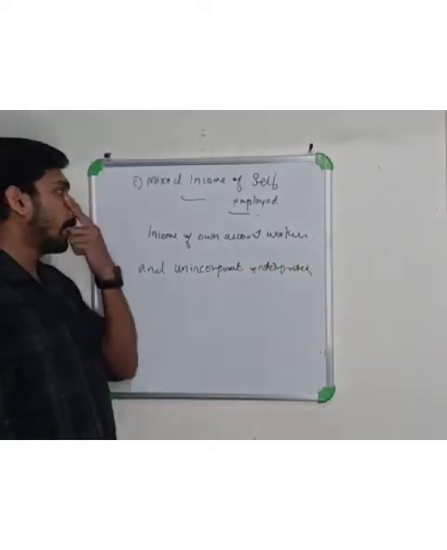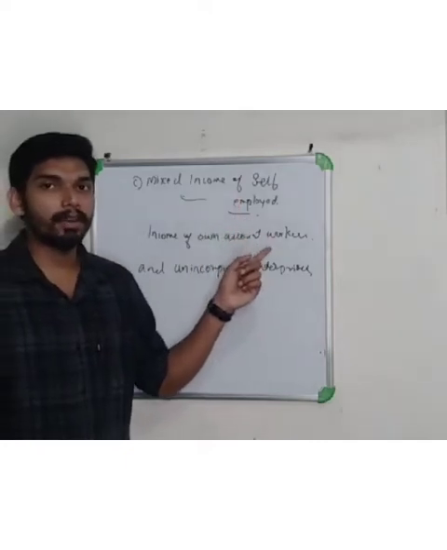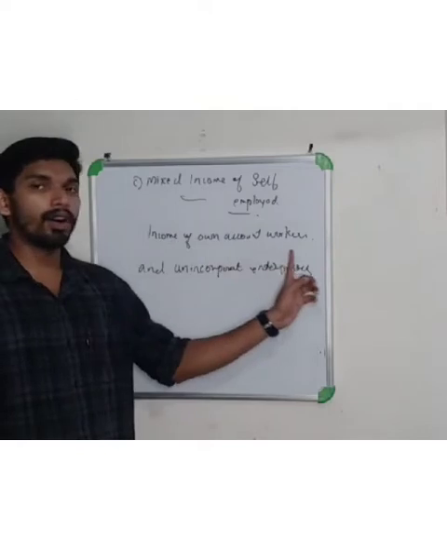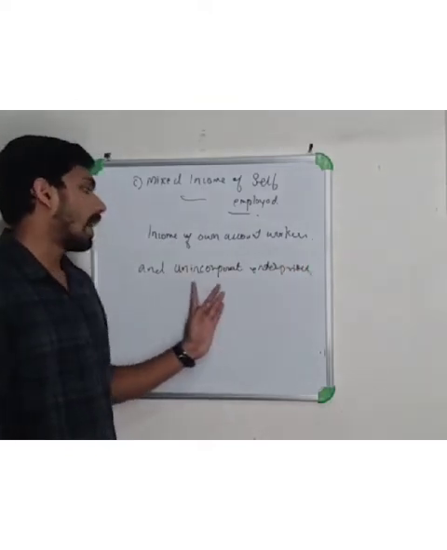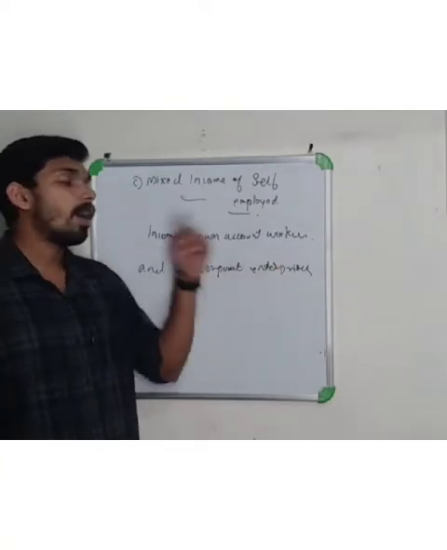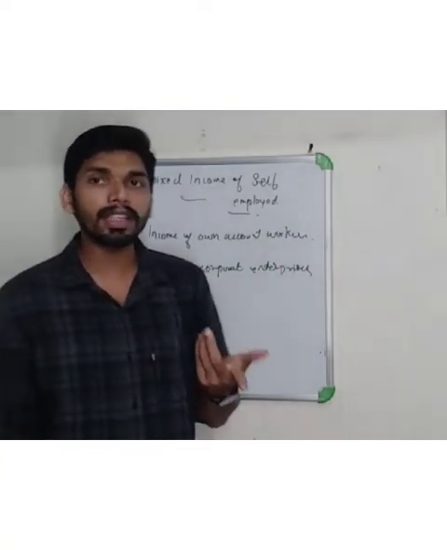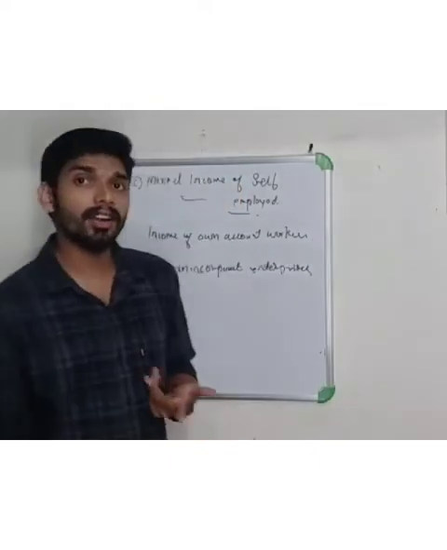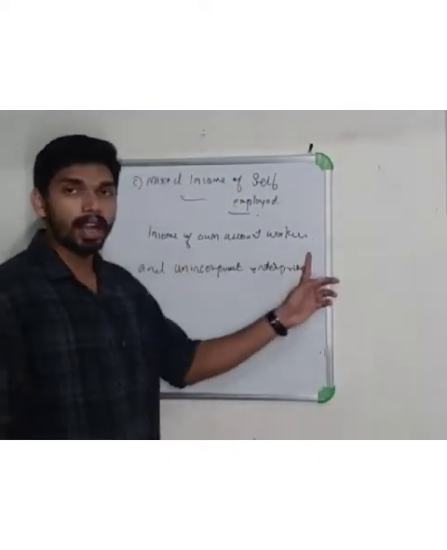So the mixed income of the self-employed is the income of own-account workers and unincorporated enterprises. Own-account workers are like farmers, doctors, or bakers. They are known as own-account workers.